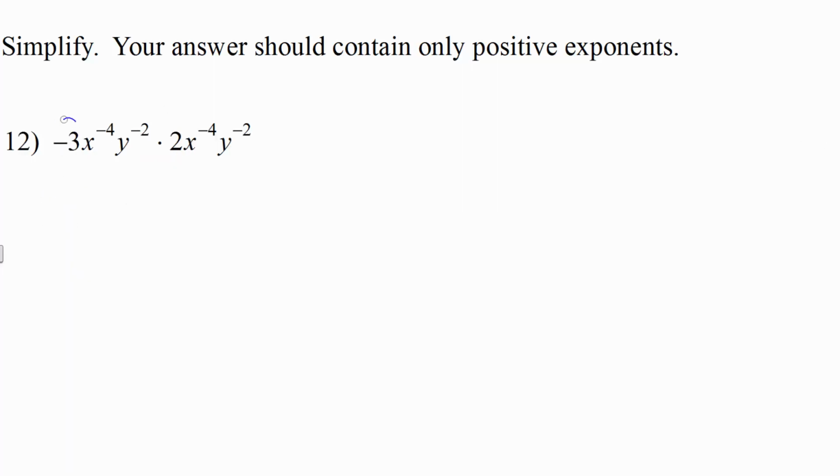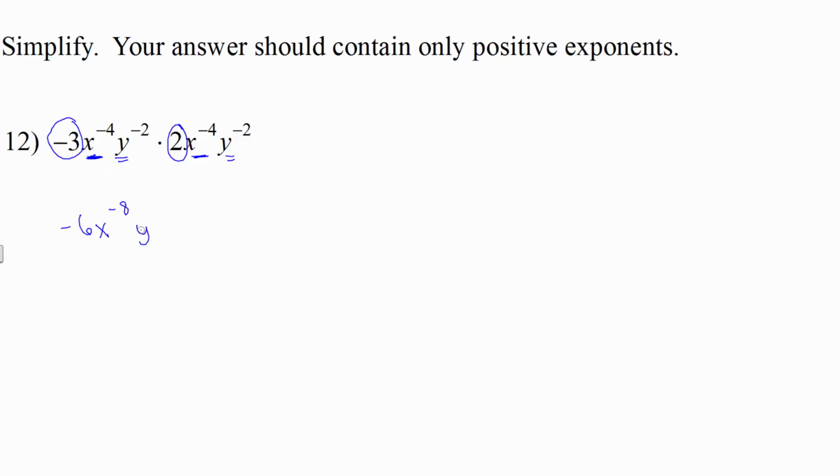This one, I believe. So we're going to do -3 times +2, which gives us -6. And then we're going to do x to the -4th and x to the -4th together, which if we add those together are x to the -8. Now we could move those down to the bottom first and then add them together. We could also do that with the y's.